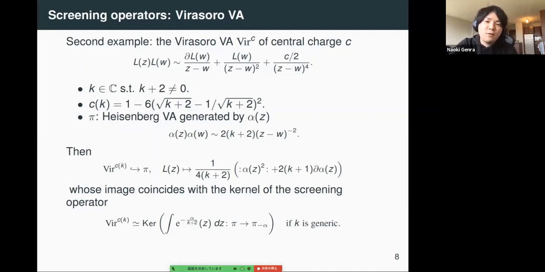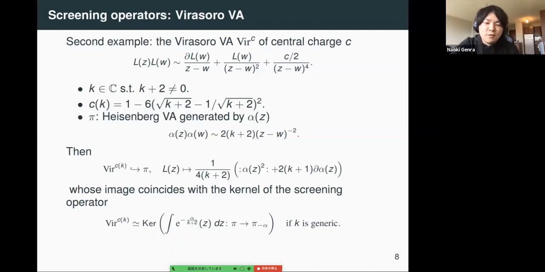Then the Virasoro vertex algebra of central charge c_k is embedded in pi by the middle equation: L(z) maps to 1 over (4k plus 2) times the square of alpha(z) plus (2k plus 1) times the derivative of alpha. And you can also see that this image coincides with the kernel of the screening operator if k is generic. In the generic case, this image is in the kernel of e^{-alpha/(k+2)}(z).